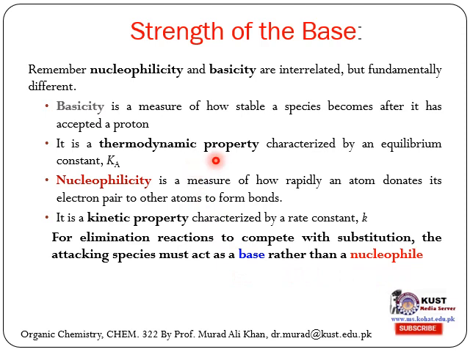Because in the elimination, a proton is abstracted. The attacking species will extract a proton. So it will act as a base to get a proton, and then how stable it is after getting that proton.